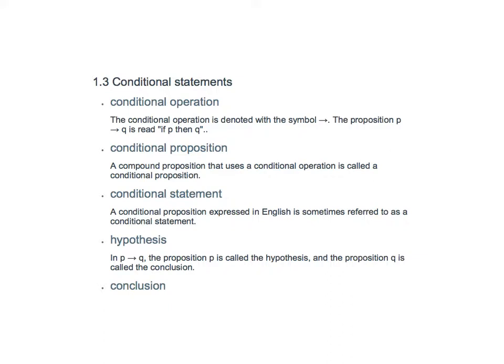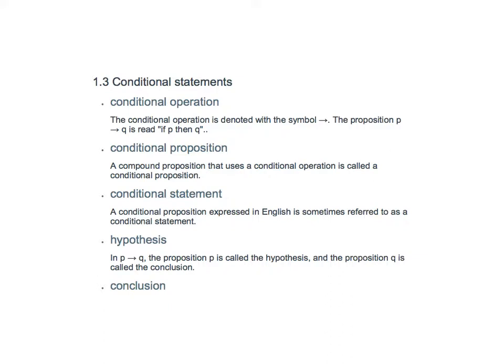The proposition P arrow Q, which is read "if P then Q," is what we call a conditional proposition. So a compound proposition that uses a conditional operation is called a conditional proposition.